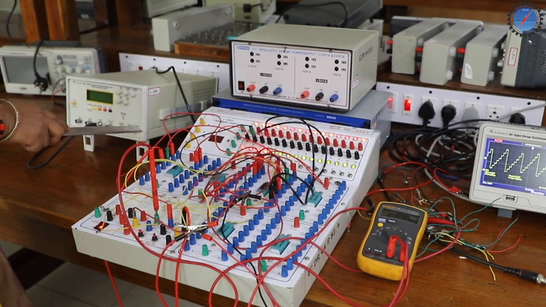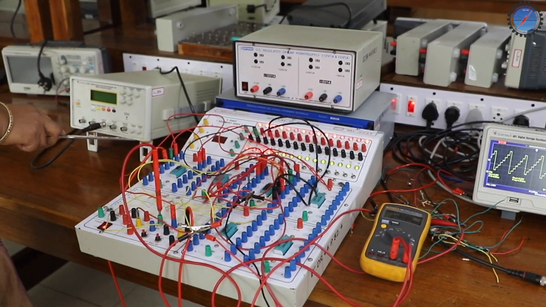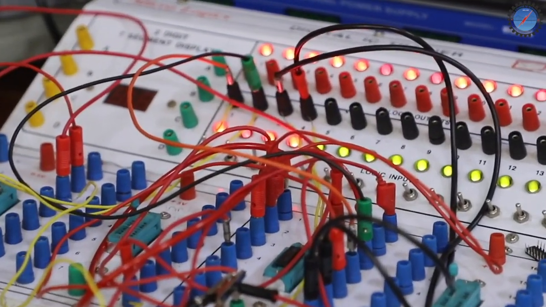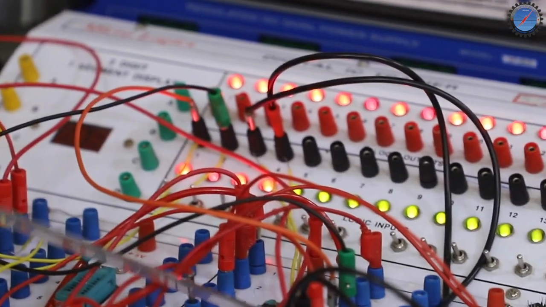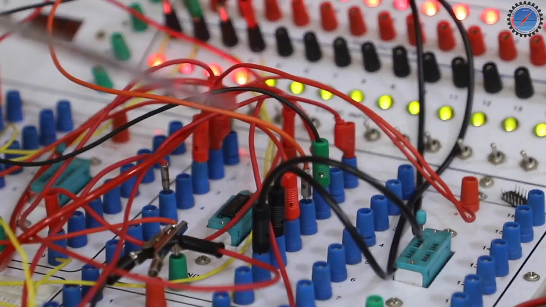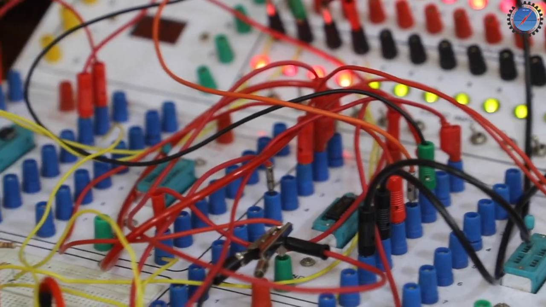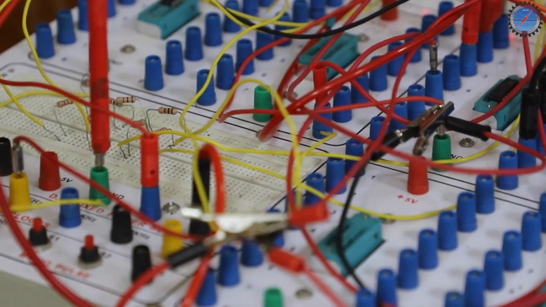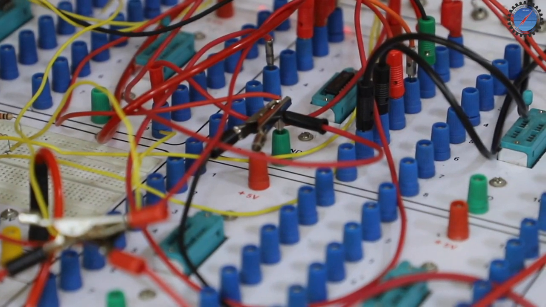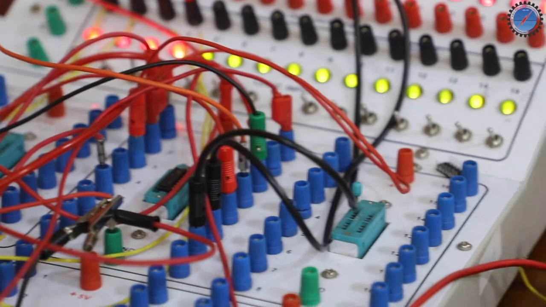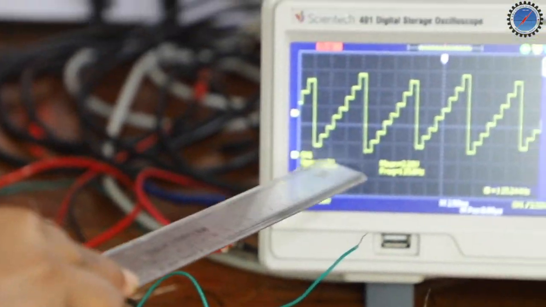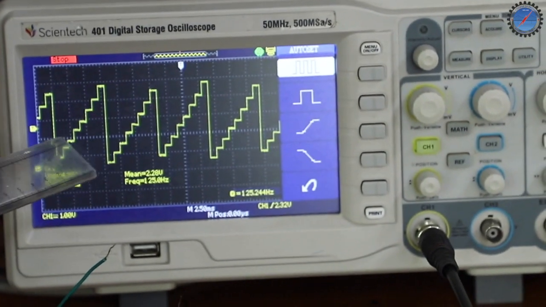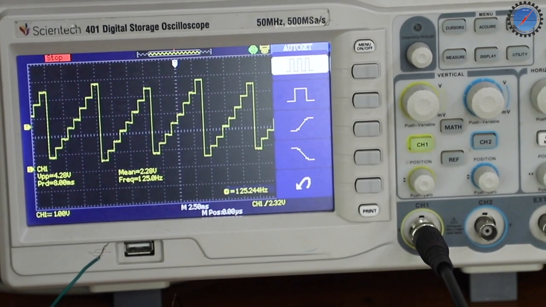The second aim of the experiment is generating digital inputs using the mod 16 counter. So we are going to generate a staircase by using the mod 16 counter. Here we have a mod 16 counter, and when you apply the continuous clock pulse, pin number 6 of the op amp is connected to channel 1 of the digital oscilloscope, and you can observe a staircase on this digital oscilloscope.